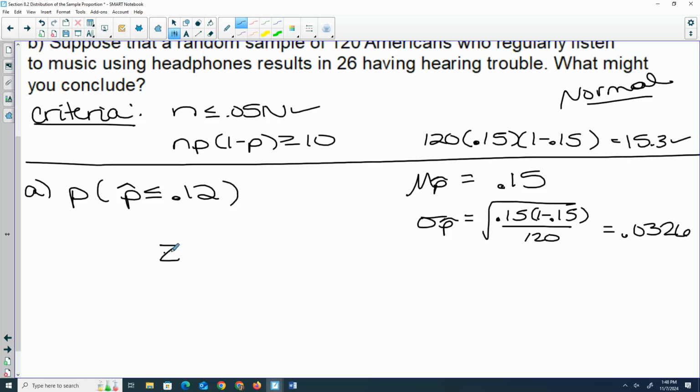So now we can get Z. Z is our value minus the mean divided by standard deviation.